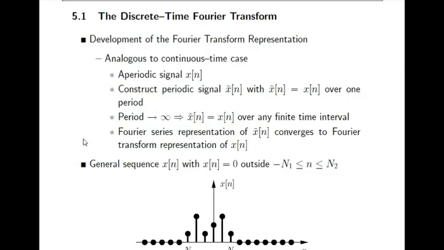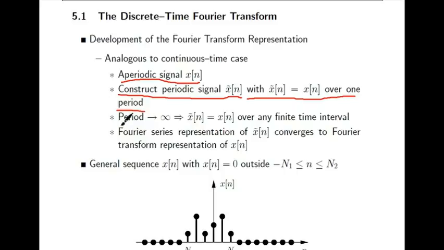We are taking an aperiodic signal, say x of n, and we are constructing a periodic signal x bar n, with x bar n equal to x of n over one period. These are things we are trying to do to connect the discrete time Fourier transform with the continuous time case.